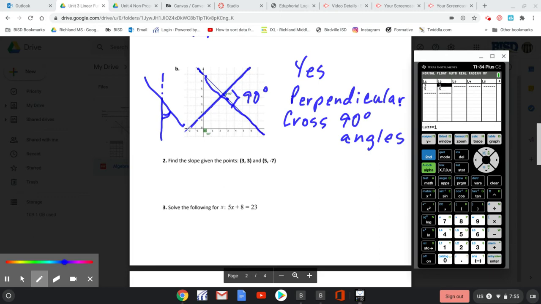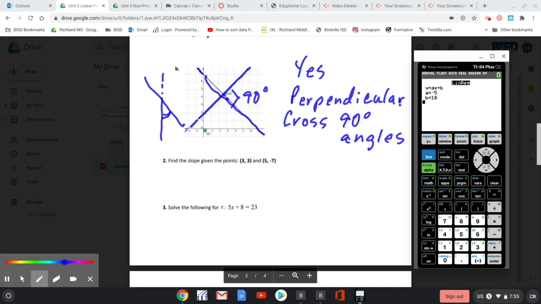Tab over, and for y, I have a 3, and I have a -7. I'm going to hit stat, tab, 4, enter, and I can see that my slope is -5 and my y-intercept is 18.